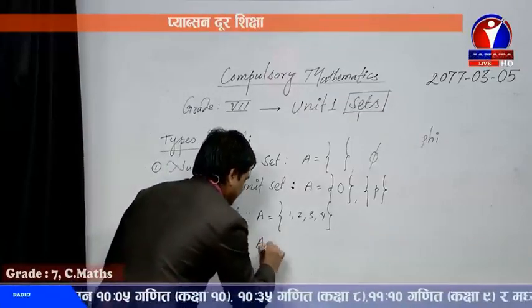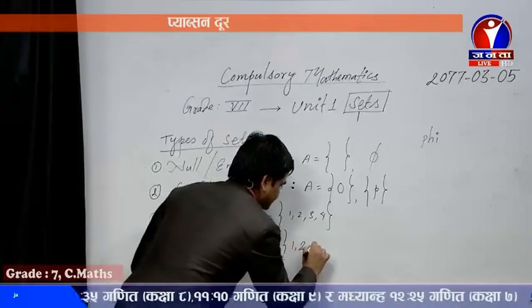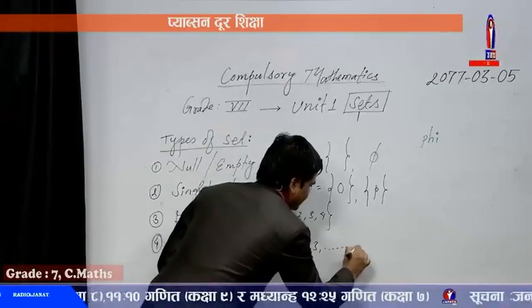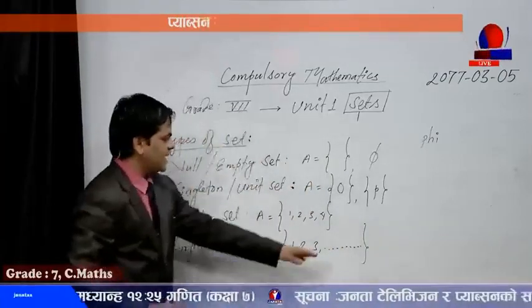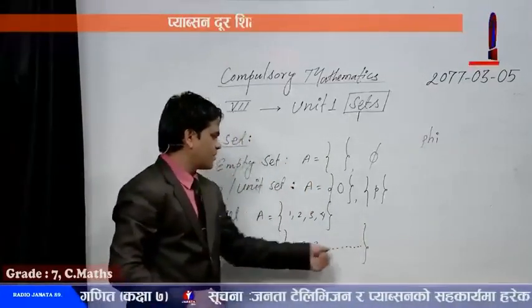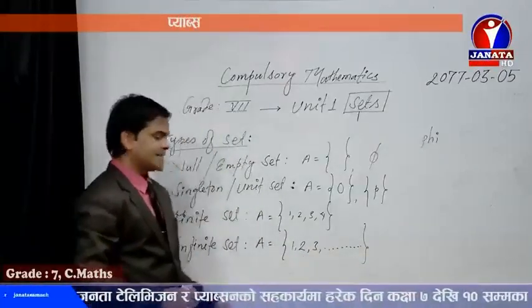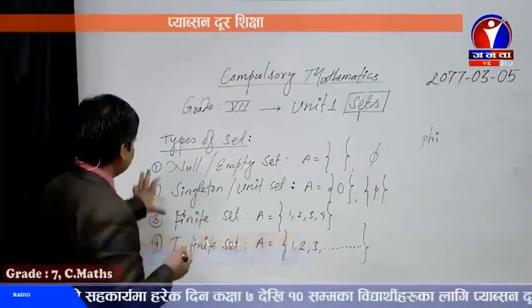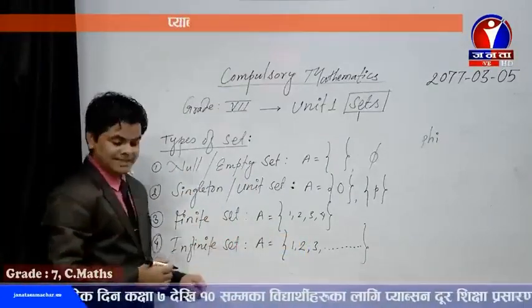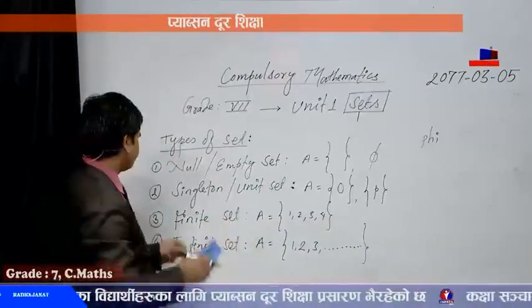If I give one example, the same example, extending it a little bit: 1, 2, 3, comma, and so on, and closing the curly bracket. That means the last digit of the natural numbers is not determined. So this type of set is known as infinite set. Dear friends, these are the necessary types of set that we use while in class 7.